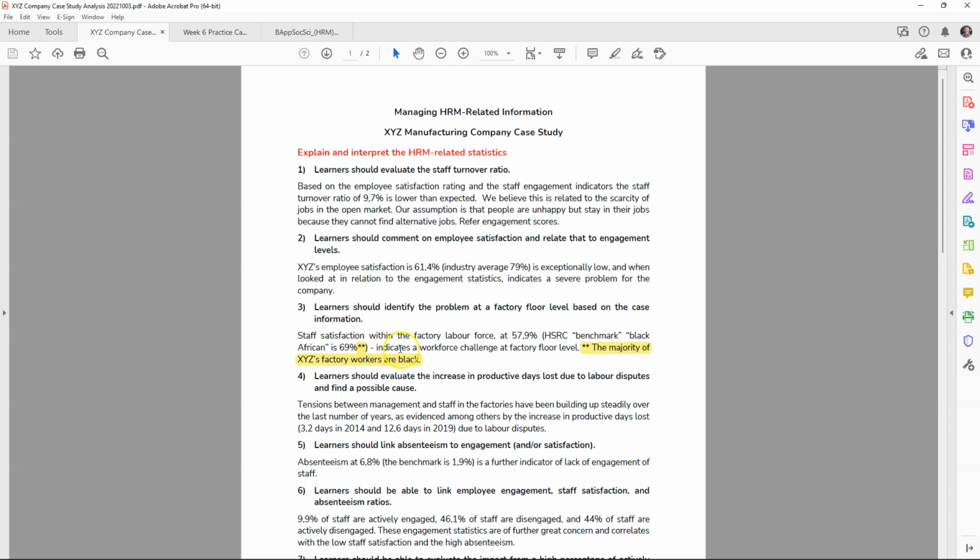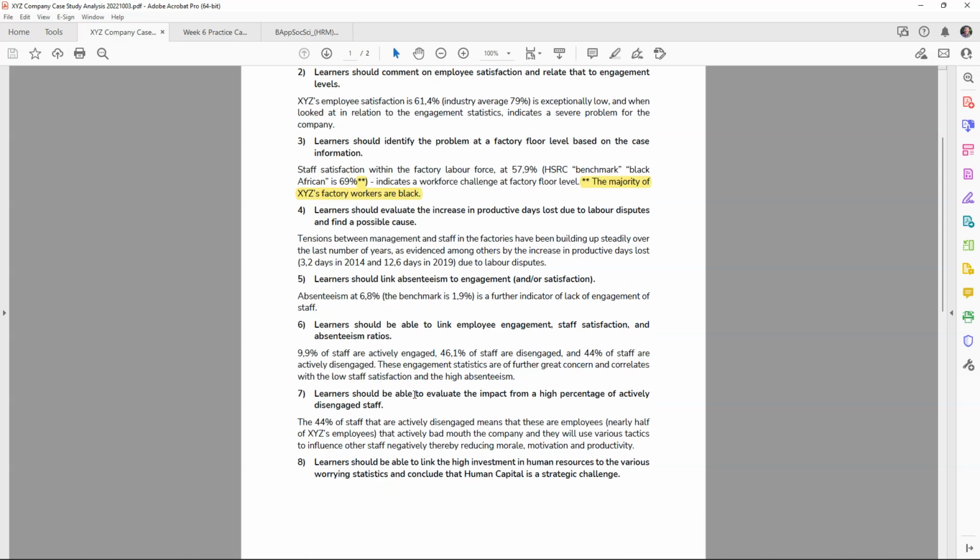So that's a real issue. So I tie that into also the issue around how black workers are treated, which is somewhere in the case study as well.